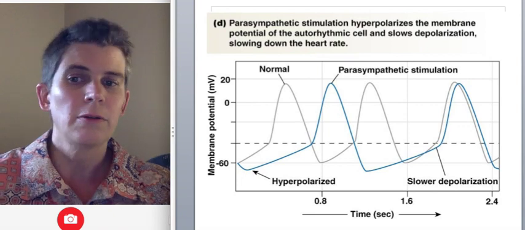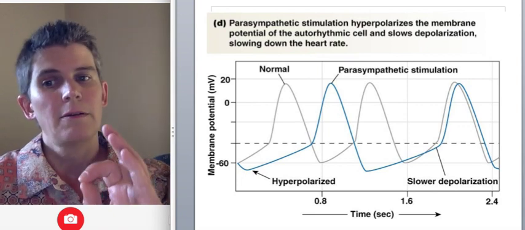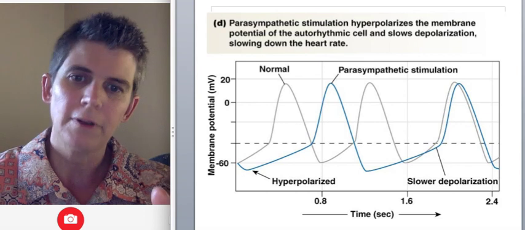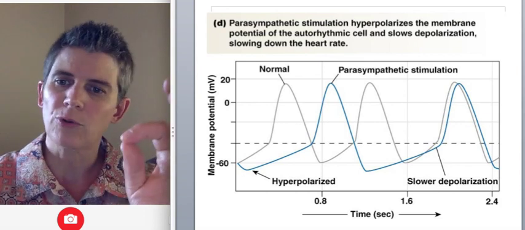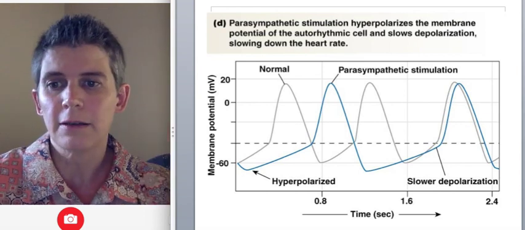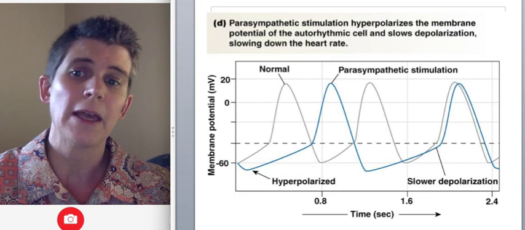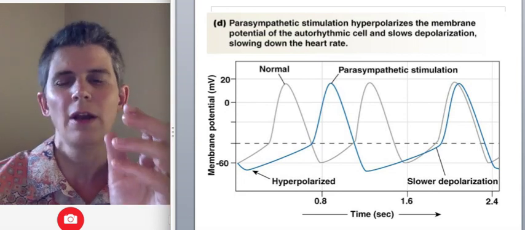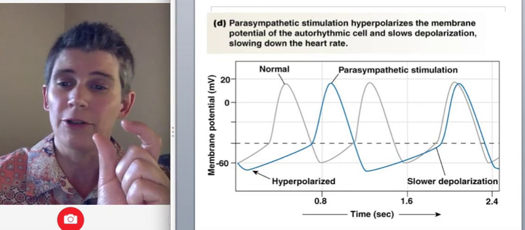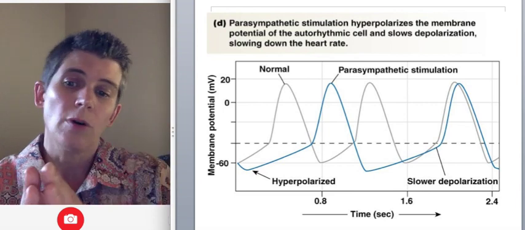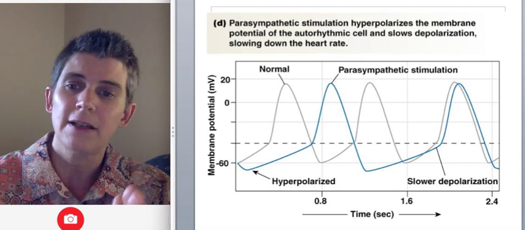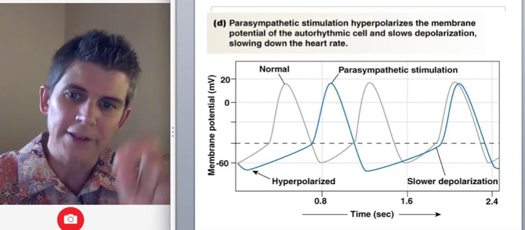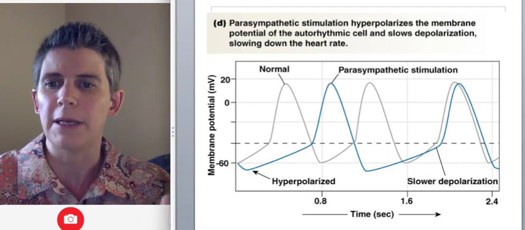Okay, so in sum, the heart can beat by itself, but the rate is controlled by autonomic nervous system signals. And the way that works is that these autonomic nervous system signals modulate the ion channels that control how long it takes for the heart to depolarize to threshold between beats.